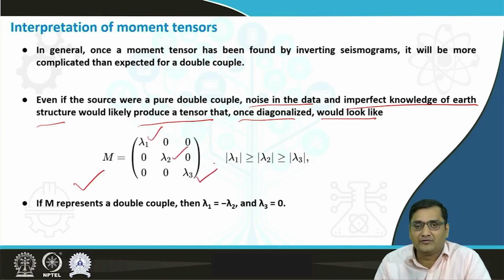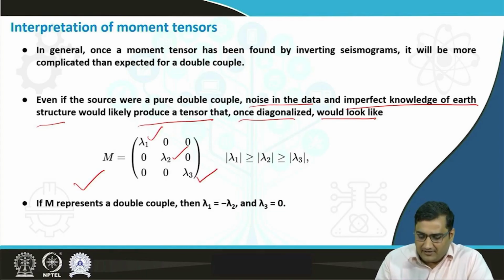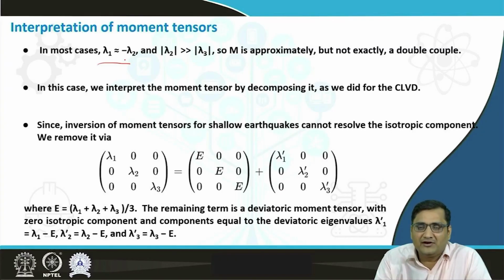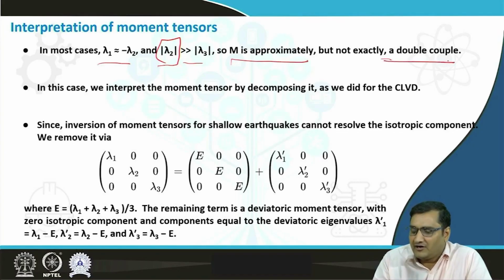If this represents a double couple moment tensor, then lambda 1 will be equal to minus lambda 2 and lambda 3 will be 0. In most cases, lambda 1 is nearly equal to minus lambda 2, not exactly equal, and the modulus of lambda 2 is far greater than lambda 3. So M is approximately but not exactly a double couple.